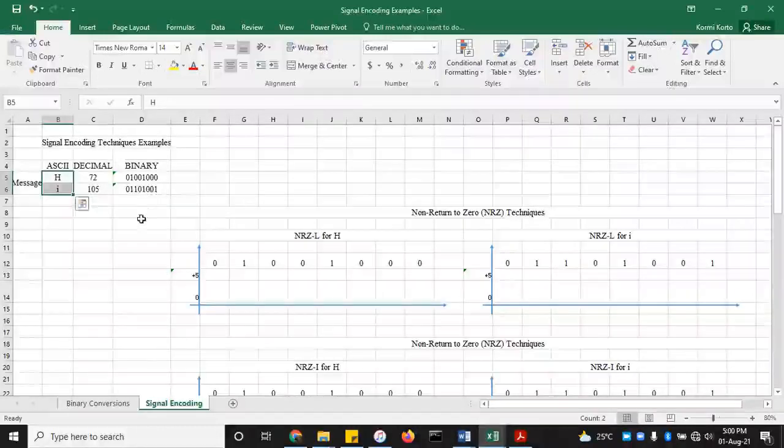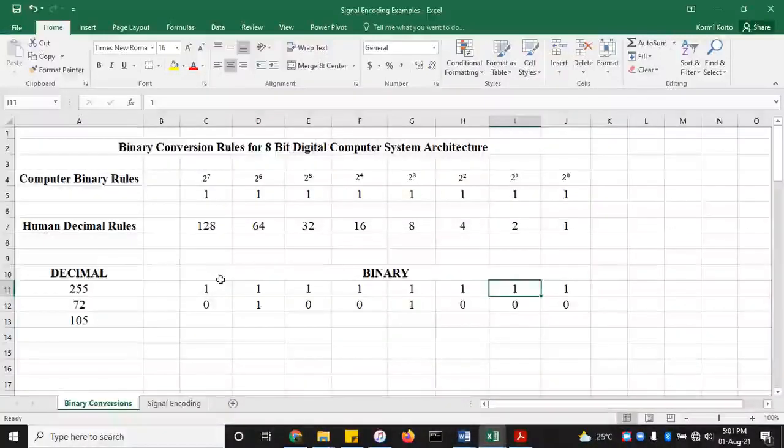But if you don't want to do it and you just want to know how the conversion is done, then let's go through this. I have this little table over here that tells you binary conversion rules for an 8-bit computer system architecture.